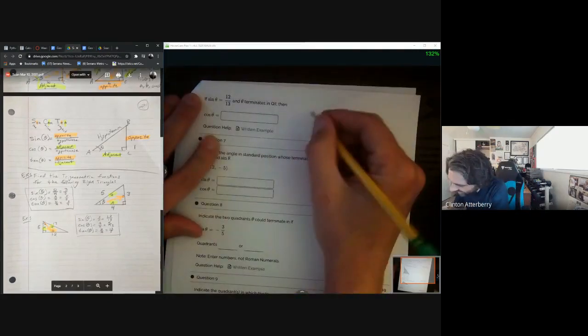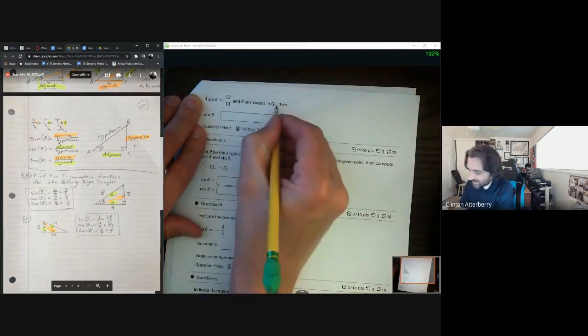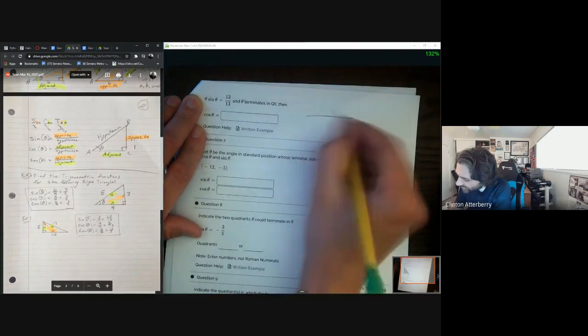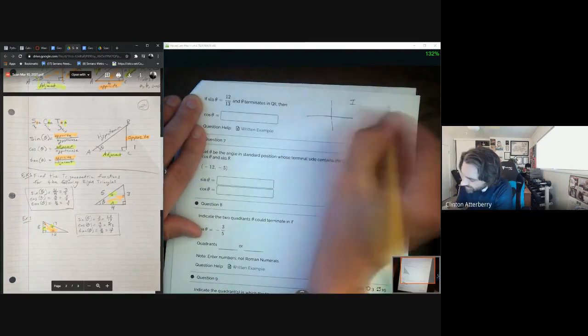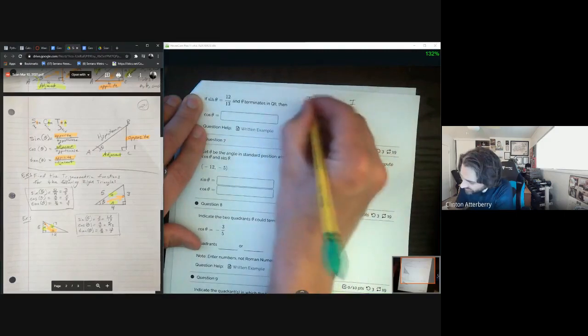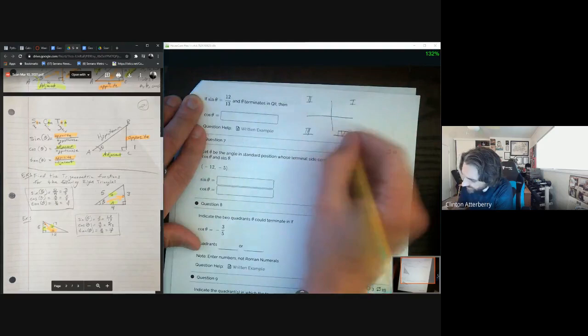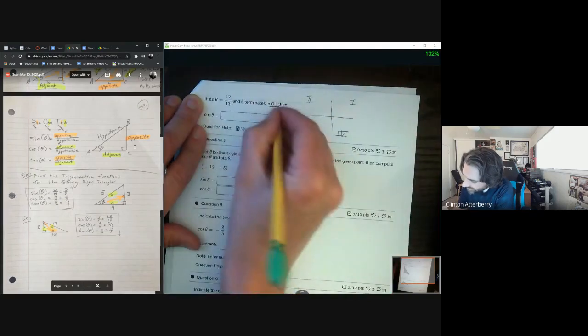So it says here that theta terminates in Q2. Okay, that's quadrant 2. What that means is there's quadrant 1, and then it goes in a circle counterclockwise. So it goes 1, 2, 3, and then 4 is always down here. So it terminates in quadrant 2.